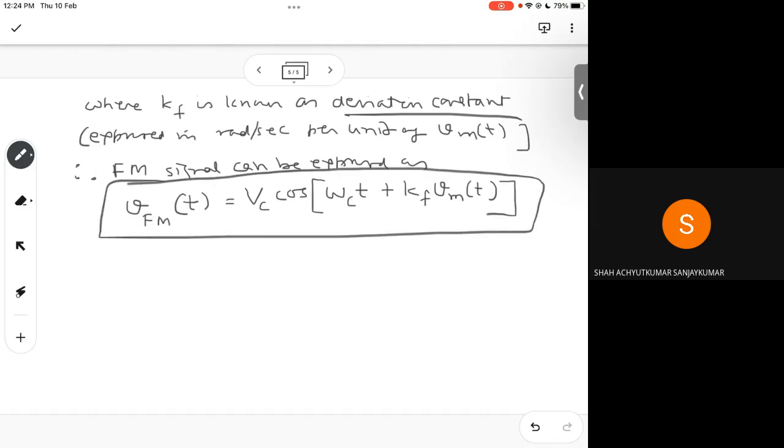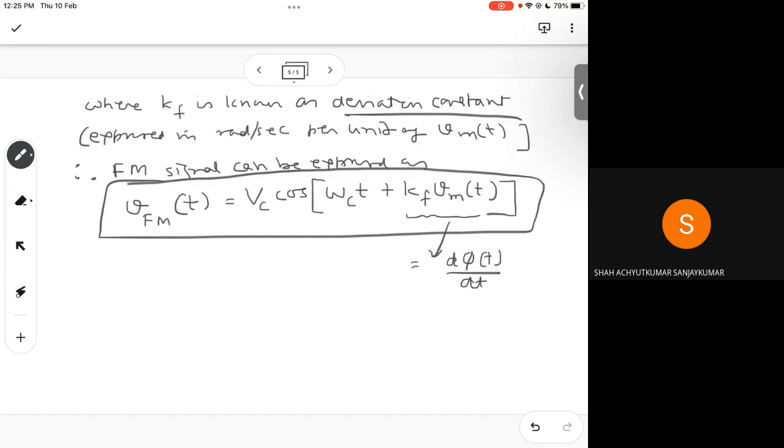This is to be noted, because we have seen that kf vm(t) was equal to dφ(t)/dt. So frequency is nothing but dφ(t)/dt. The phase is changing.